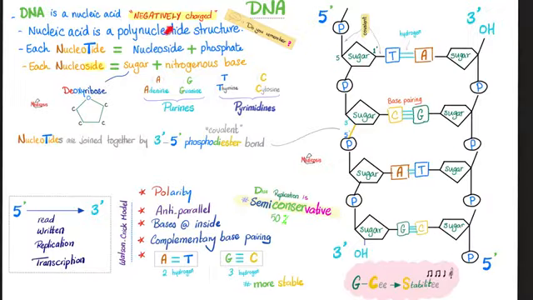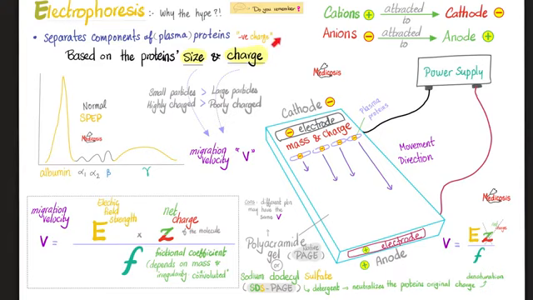Please remember that my DNA is negatively charged. Why? Because the phosphate is negatively charged. And if you watched my previous video on electrophoresis in this biochemistry playlist, I've told you that electrophoresis means electrical separation. We separate different molecules based on their size and their charge. If you are positively charged, you will be attracted to the negative electrode, i.e. the cathode.